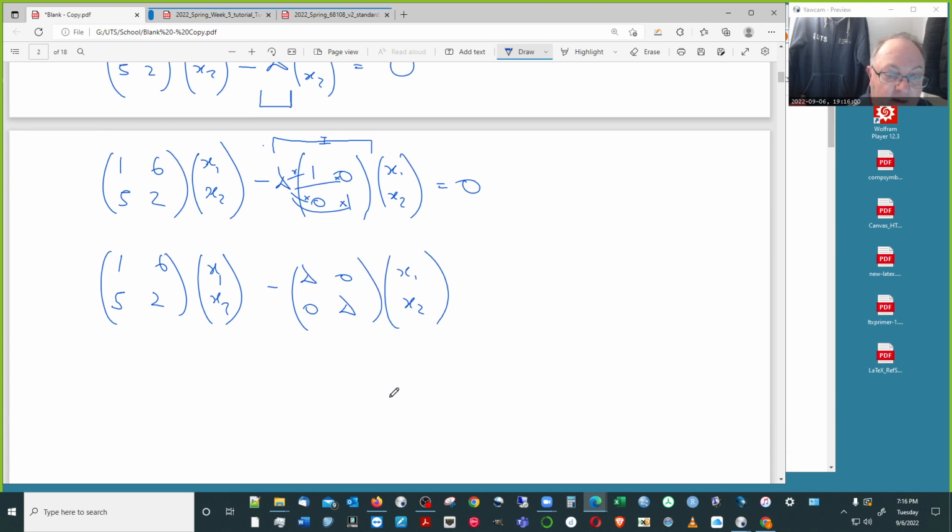Now if I take the common factor, because there's a big algebraic minus there, what's common to both of these expressions? x1 and x2.